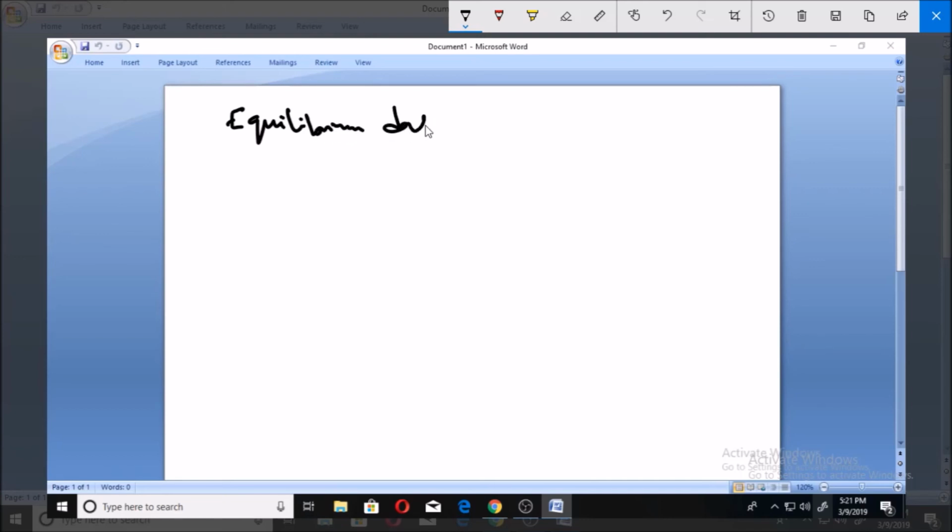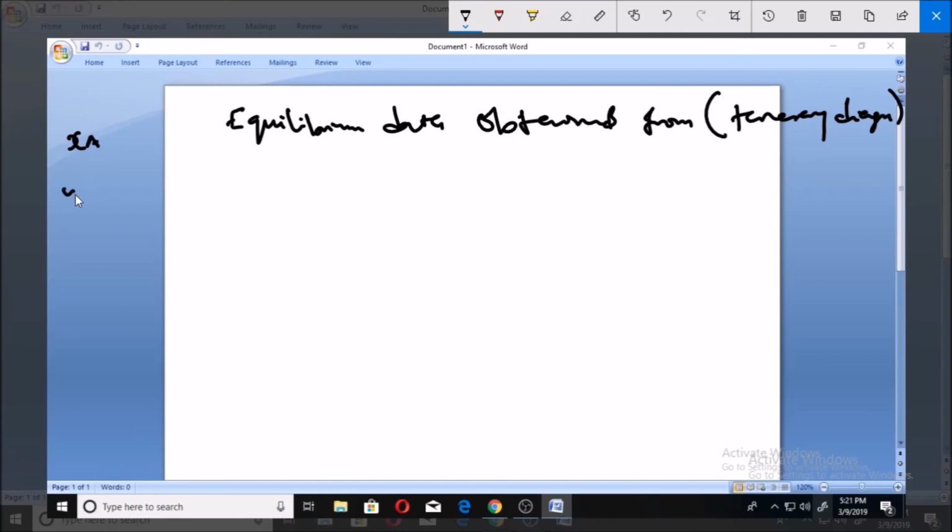So with that done, we already know that we have equilibrium data, which is obtained from the ternary diagram, and this equilibrium data says that you have the values of XA and YA.